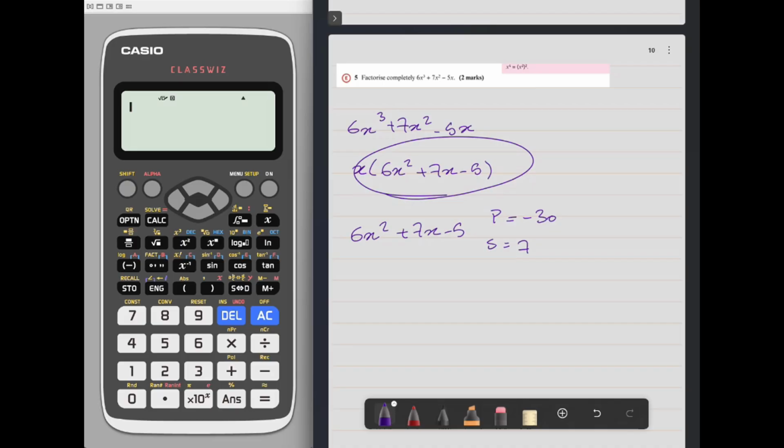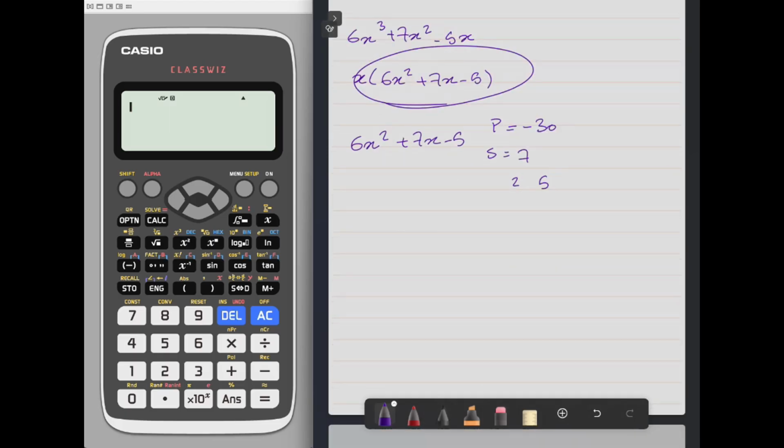Okay, I'm going to try them out. 2 and 5. The sum of 2 and 5 is equal to 7, right? But their product is 10, which is far away from minus 30. So you don't care about this one. I try 15 and minus 2.